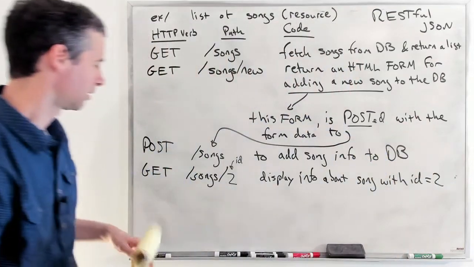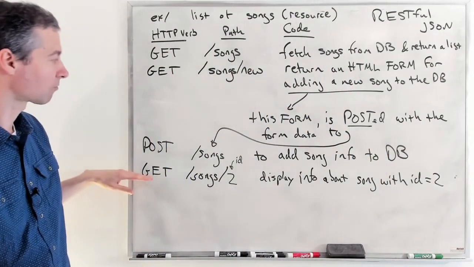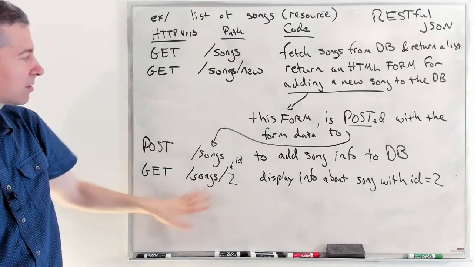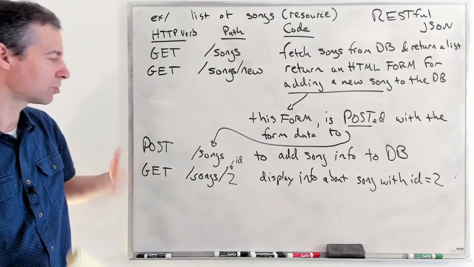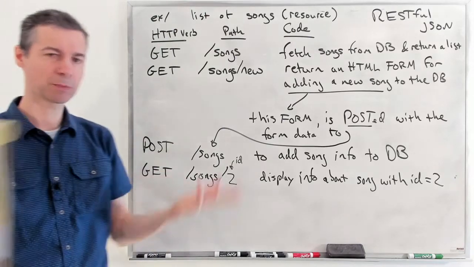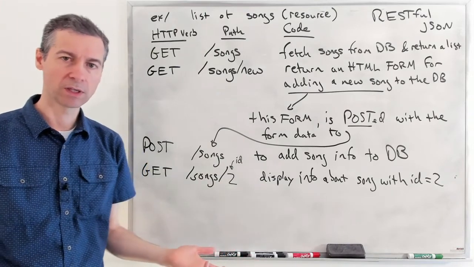All right. And again, REST is just about telling you this is the way that you should treat and behave with regard to these paths. You shouldn't just make up some ad hocery thing.